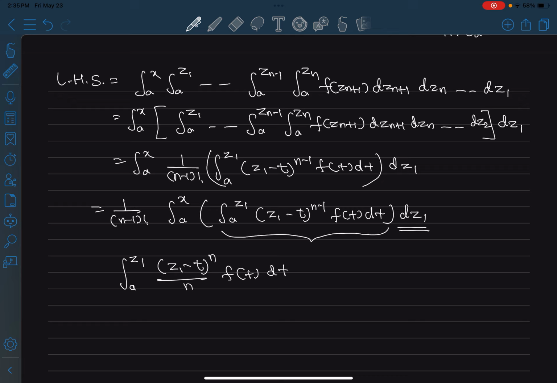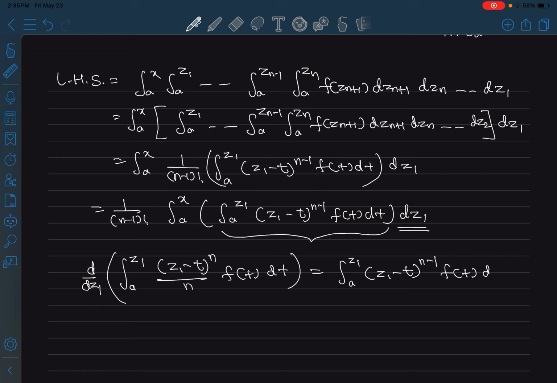So this turns out to be the integral of this function, and I will prove this. How I will be proving it is I will take its derivative with respect to g1, and then I will show you that this expression will be equal to the integral from a to g1 of (g1 minus t)^(n-1) f(t) dt.